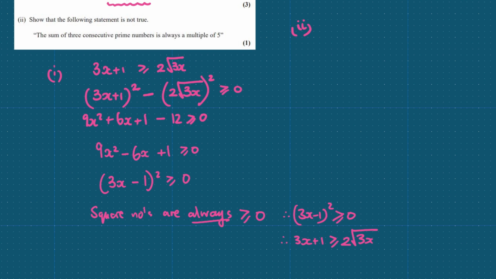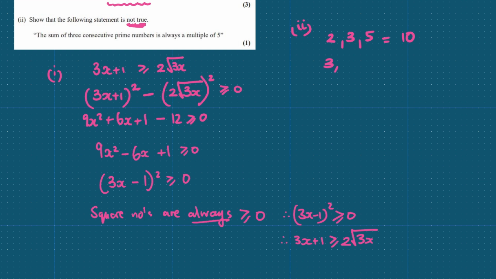For the following part, it says show that the following statement is not true. That means we just need one counterexample. The sum of 3 consecutive prime numbers is always a multiple of 5. So let's have a look at if we pick 2, 3, and 5. Obviously that's going to sum to 10.